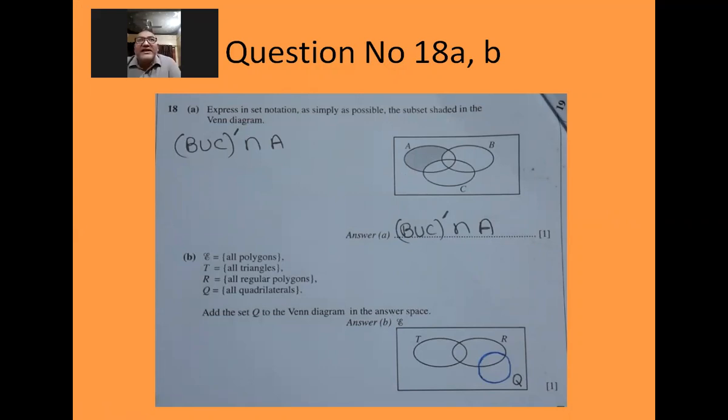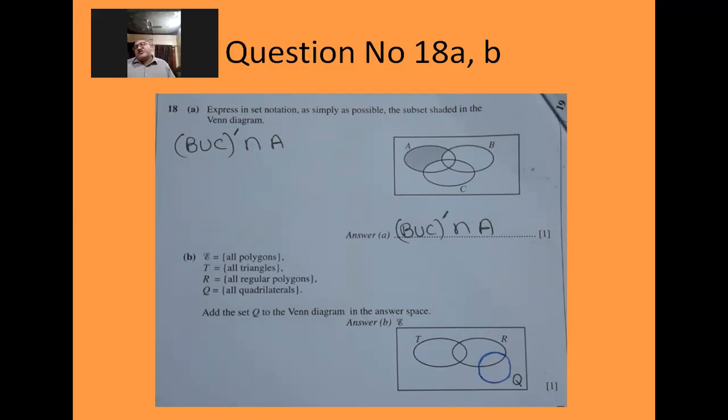Part B of question number 18, he says the universal set is all polygons. T represents all the triangles, R represents all the regular polygons, and Q represents all the quadrilaterals. He says add the set Q to the Venn diagram in the answer space. Q is basically quadrilaterals, which means four-sided figures.